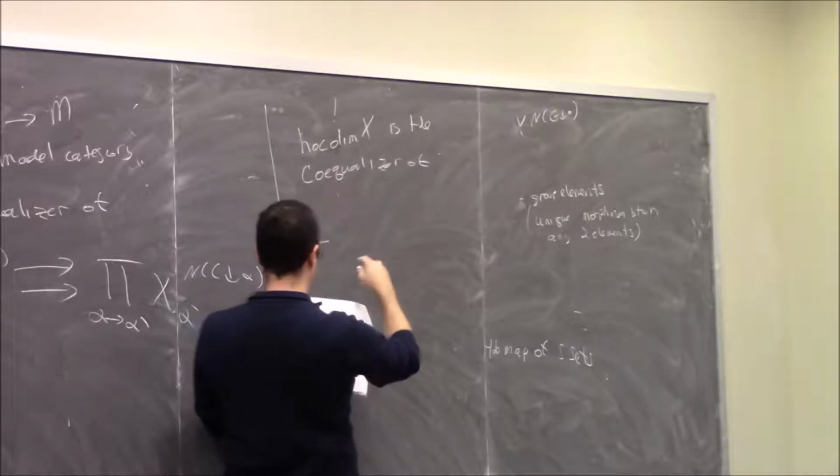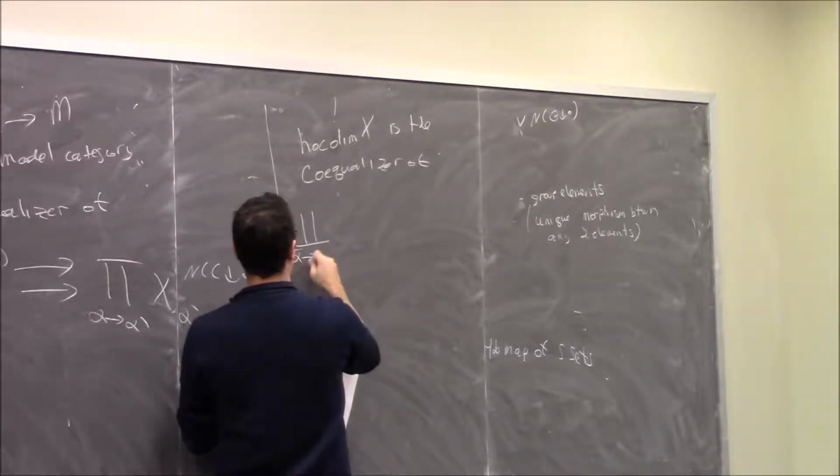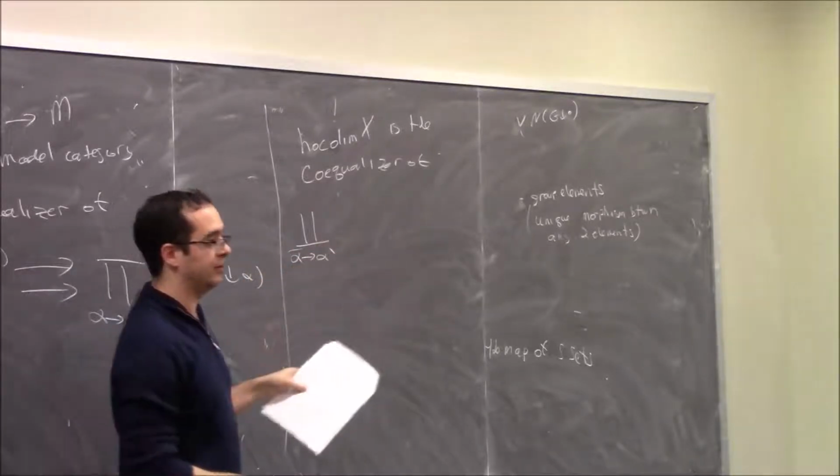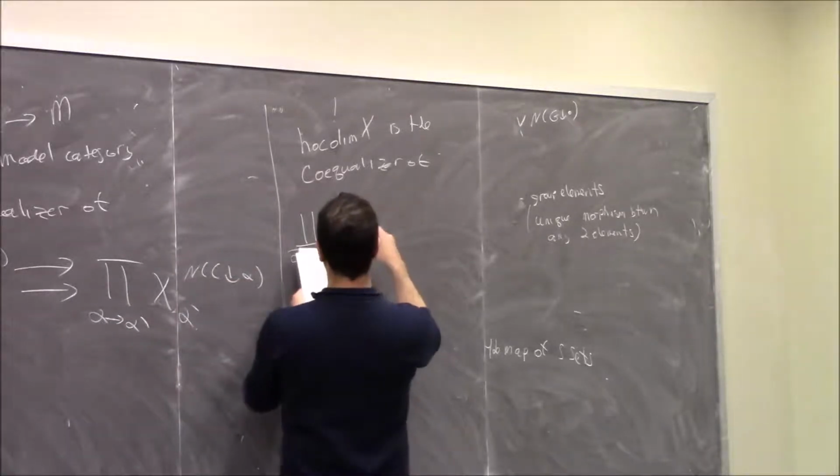And so it's going in the opposite way. So we're taking disjoint union and we're first indexing over morphisms.